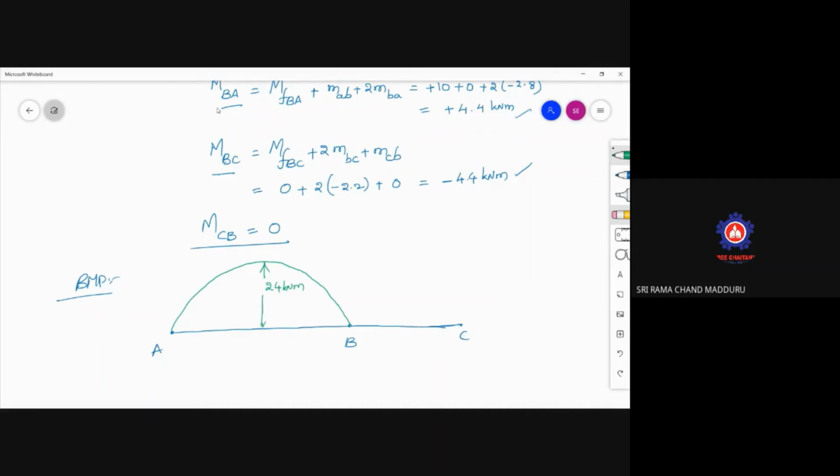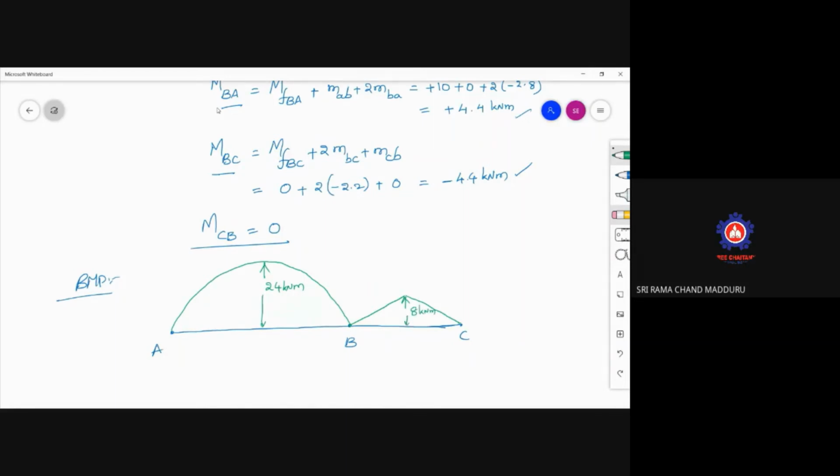Whereas coming to BC, WL by 4, W is 8, so the value will be 8 kilonewton meter at center. WL by 4 is for a point load at center of a simply supported beam. So this is 8 kilonewton meter.